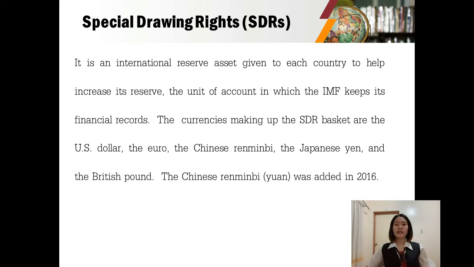SDR is often regarded as a basket of national currencies, comprising four major currencies of the world: US dollar, euro, British pound, and yen. SDR allocations can play a role in providing liquidity and supplementing member countries' official reserves, as was the case amid the global financial crisis. Also, it serves as the unit of account of the IMF and some other international organizations.